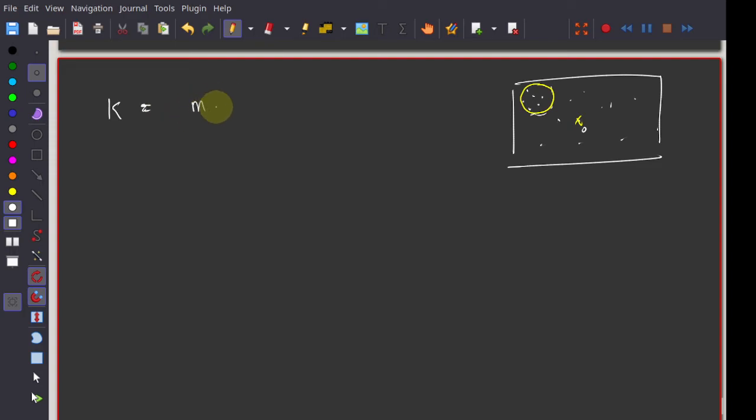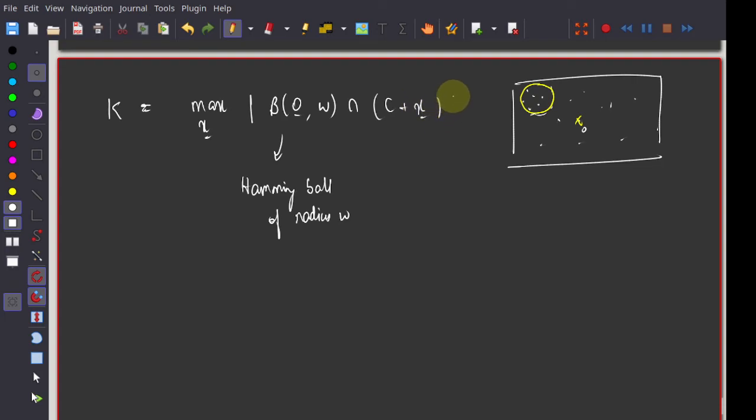So this is equal to the maximum over all possible centers of the size of, so I take the ball centered maybe at 0, radius W. So this is the ball, the ball of radius W intersected with the code, where I can shift the ball or shift the code.